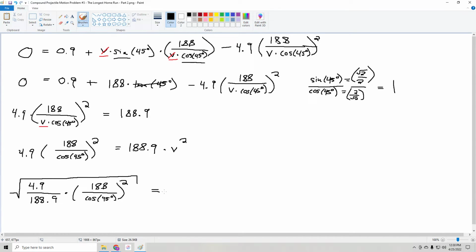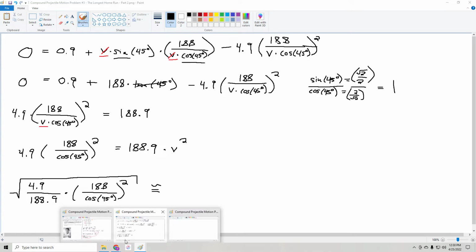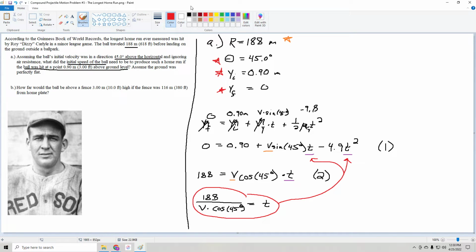And when I put that in my calculator, I get the following quantity truncated to 3 significant figures, following from our problem description. In fact, let me double check here. I see 3 here, I see 3 here, 3 here, and 3, yes, so indeed 3.